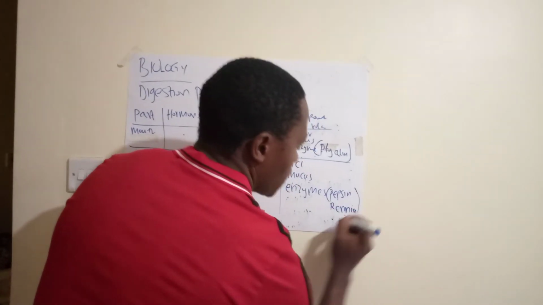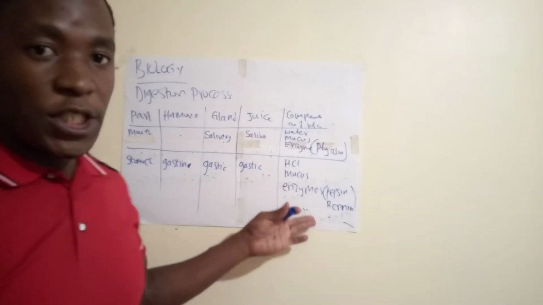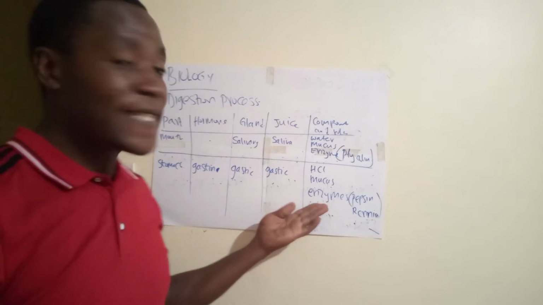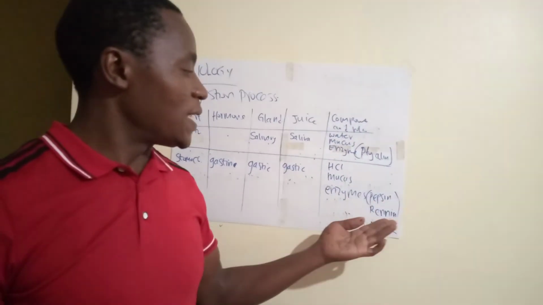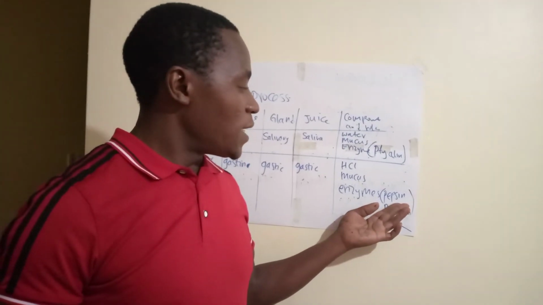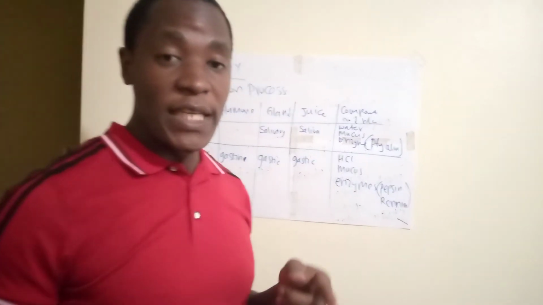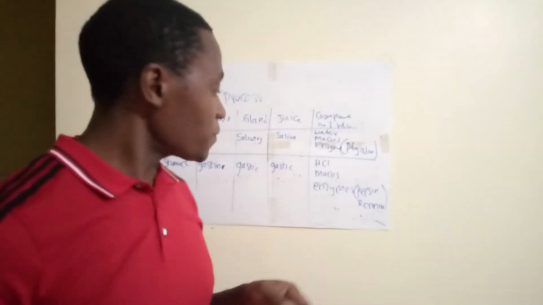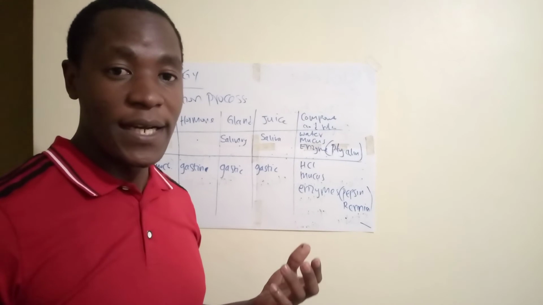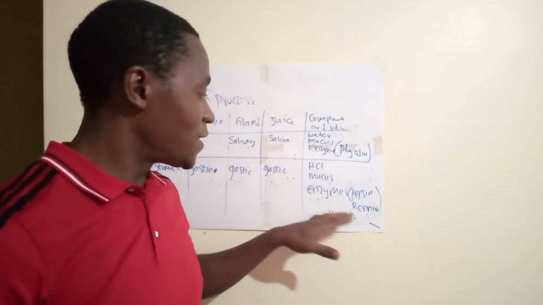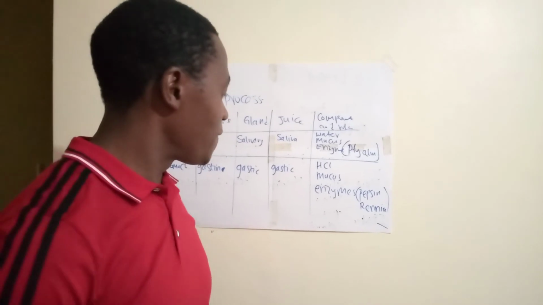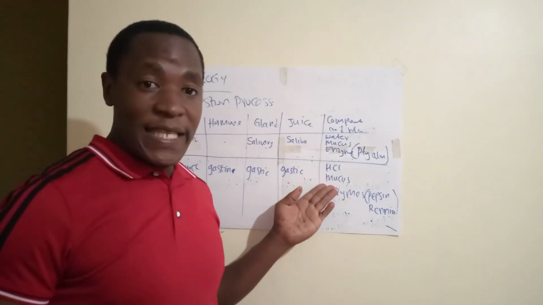Let us begin with the enzyme pepsin. Pepsin ensures breakdown of protein to peptide, while renin is used to coagulate milk casein, and this is dominant in suckling young ones.